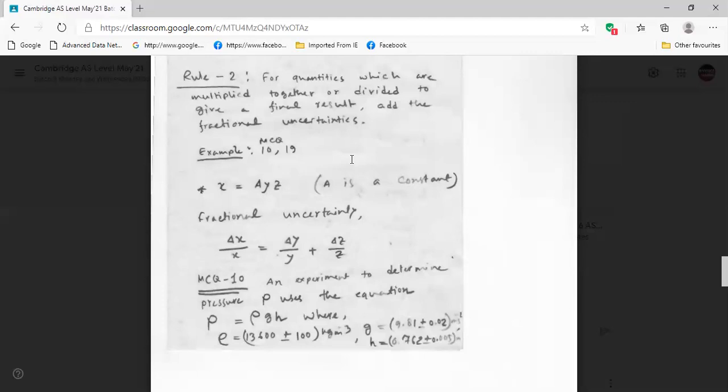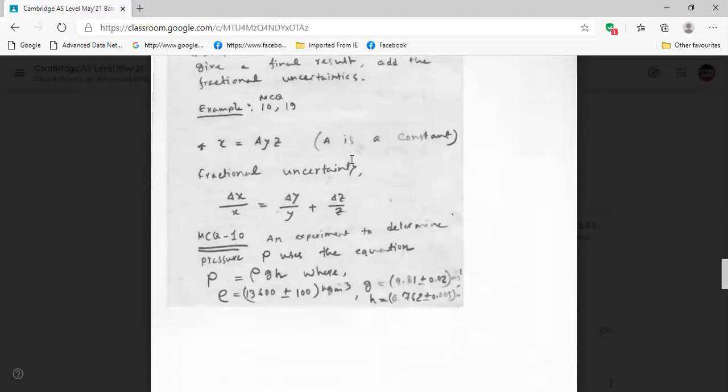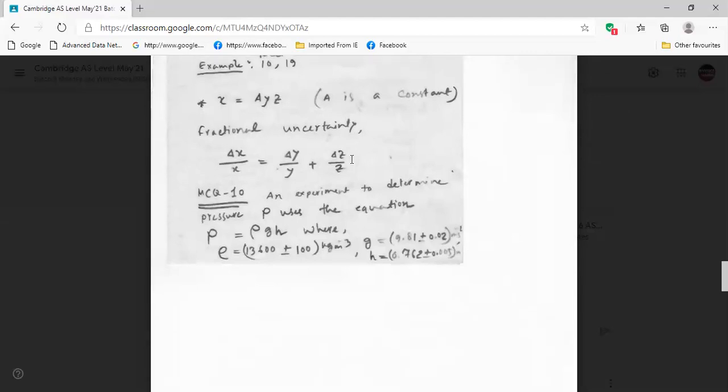I'm in the last para. Okay. Write it. Write the values correctly. Plus minus 100, then plus minus 0.02, then plus minus 0.005.